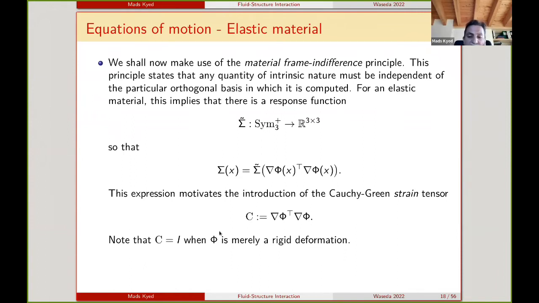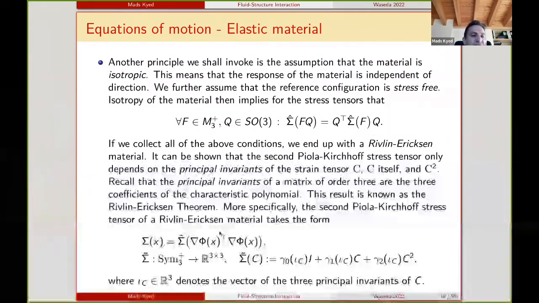So we introduced the strain, the Cauchy-Green strain tensor, here denoted by C. And from the material frame indifference principle, the response functions will only depend on the strain tensor. Okay, so obviously I'm not deriving this rigorously. I'm just stating which principles are responsible for which mathematical equations.